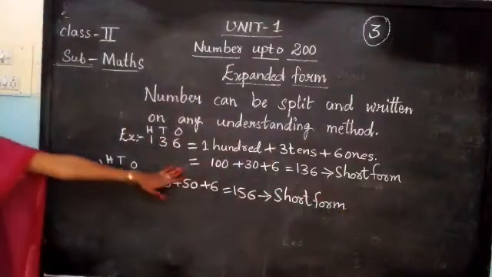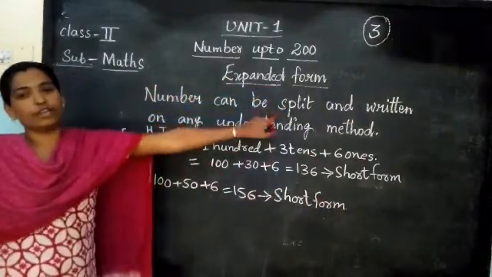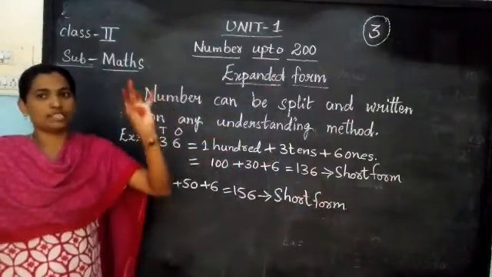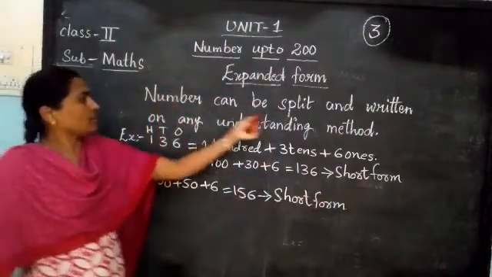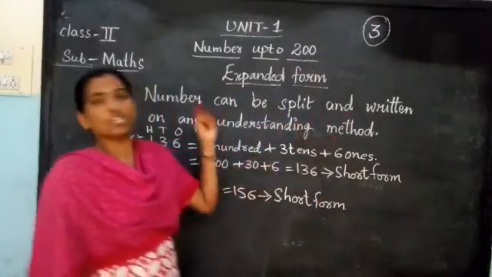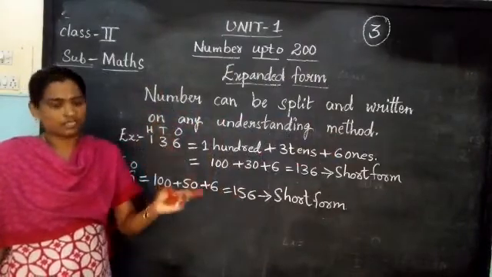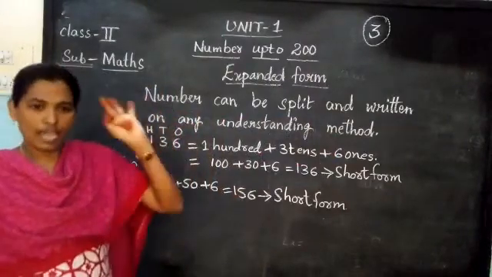Now again I will explain this expanded form. Expanded form means we have to split the number into 3 parts, that is ones, tens and hundreds. A number can be split and written in any understandable method. First we have to understand how to divide the number into 3 parts, that is ones, tens and hundreds.